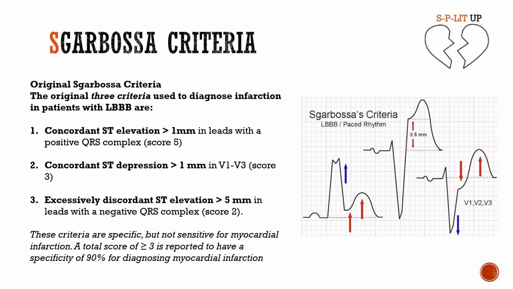And lastly, excessively discordant ST elevation greater than 5 millimeters in leads with a negative QRS. These criteria are specific but not sensitive for myocardial infarction. A total score of greater than 3 is reported to have a specificity of 90% for diagnosing myocardial infarction.